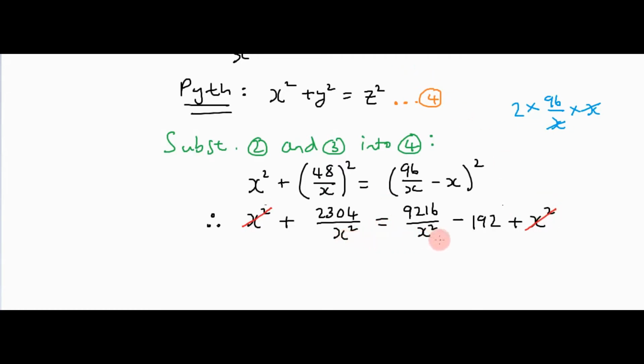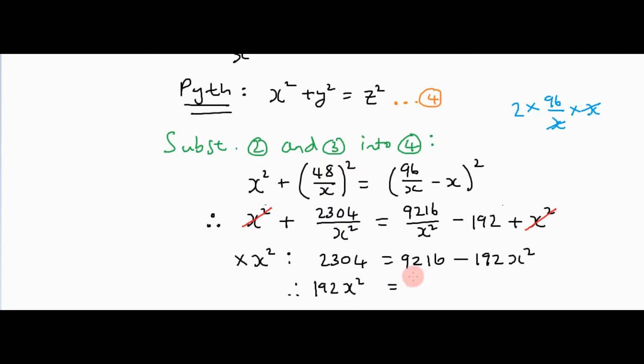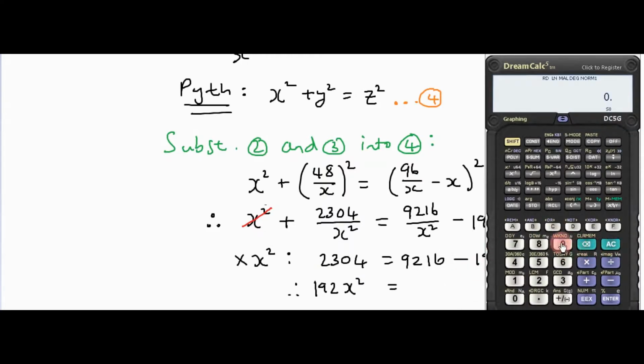Now we want to get rid of the fractions, so we can multiply through by x squared, in other words by the LCD. We can bring the x's to the left-hand side. And we want 9216 less 2304, which is 6912.